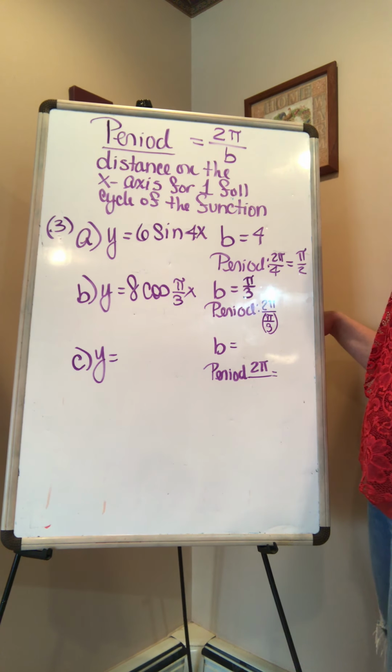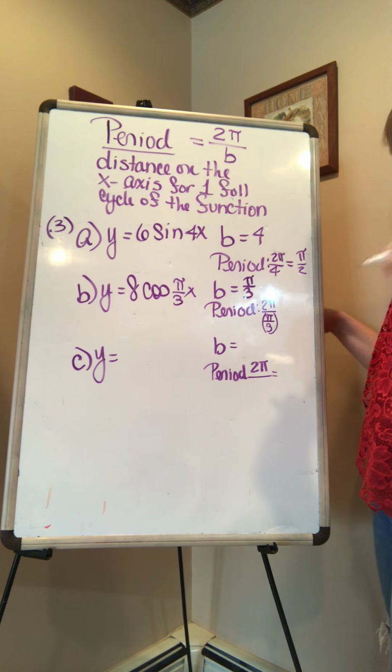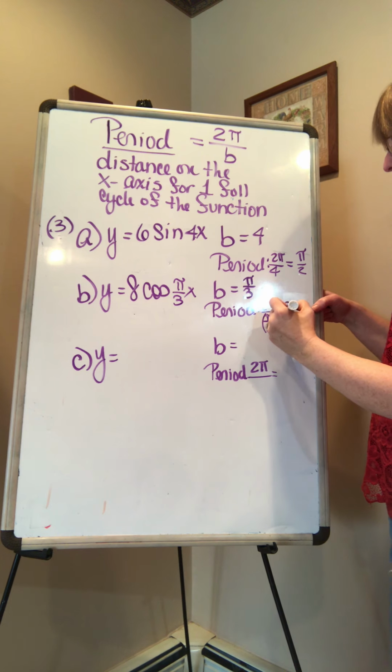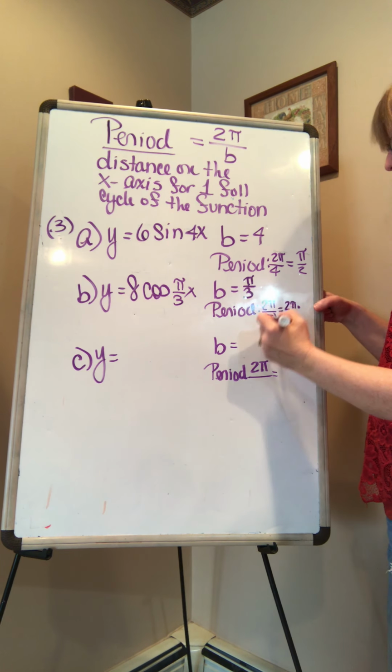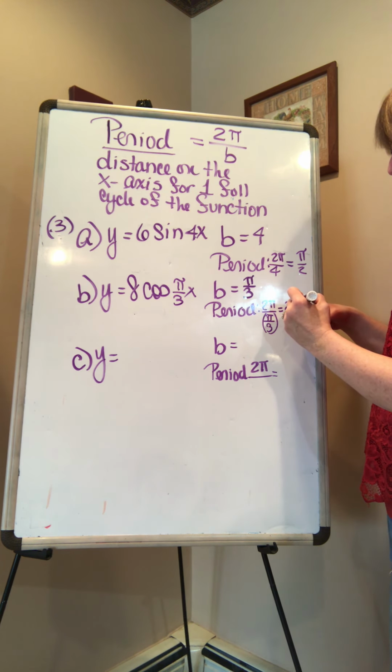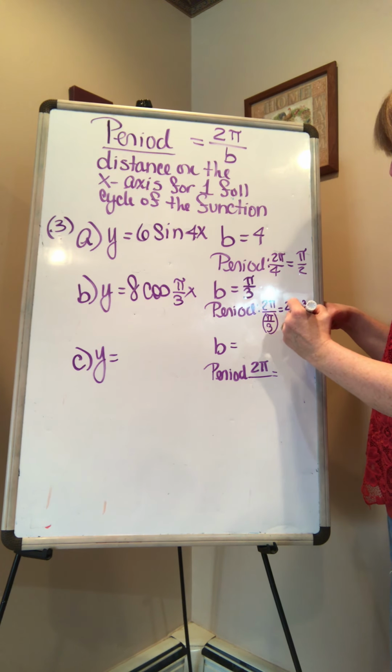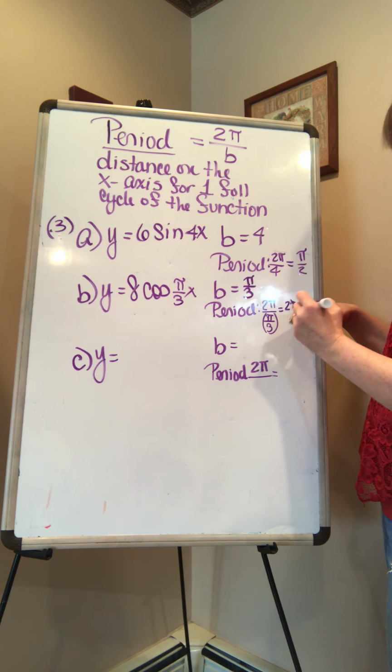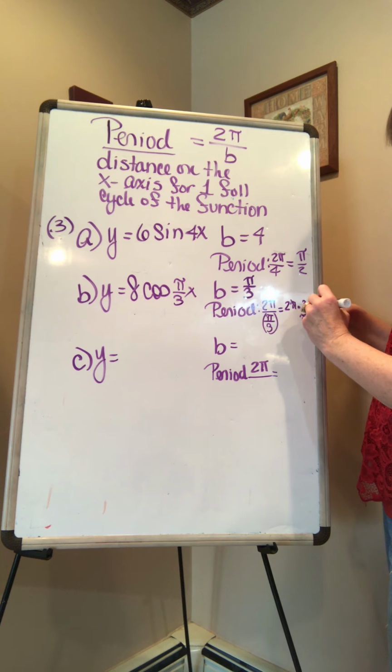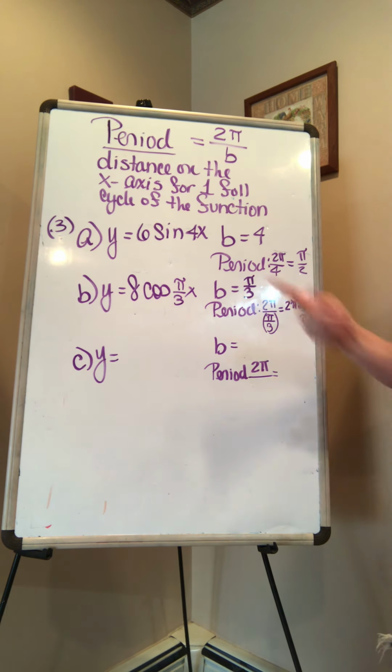You have to take your time with the math. This would be 2 pi times the reciprocal, 3 over pi. Pi's are going to cancel. This is going to give you a period of 6. Now look at the difference.